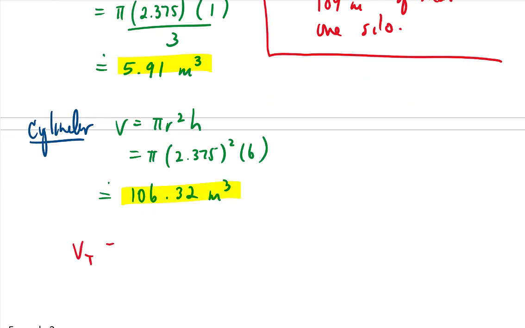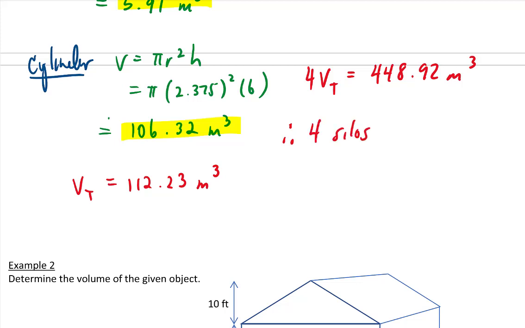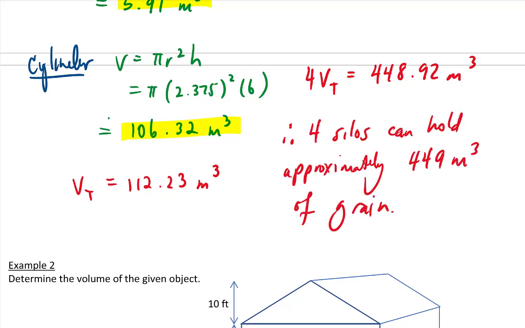So the total volume is equal to 112.23 meters cubed. That is for one cylinder. So for 4 cylinders, we're going to do 4 times that volume total, and that would be 448.92 meters cubed. So therefore, 4 silos can hold approximately 449 meters cubed of grain.